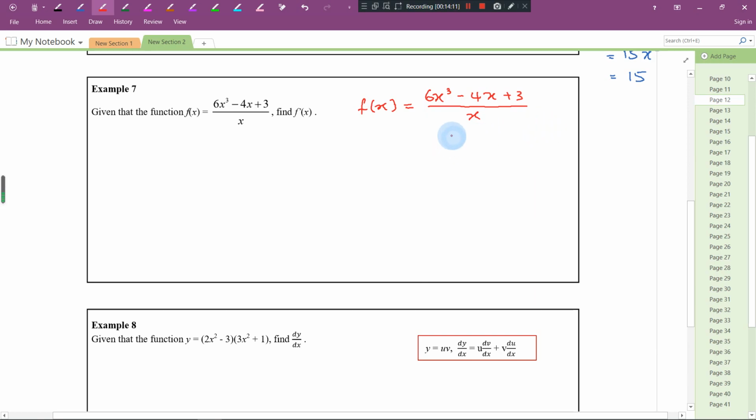Now, I'm going to show you the solution which is not correct. Some students might do it this way. Differentiate this one, you get 18x squared. Differentiate this one, negative 4. Differentiate this one, you will get 0. And then differentiate this one, you get 1. No, this is not correct. You cannot do it this way.